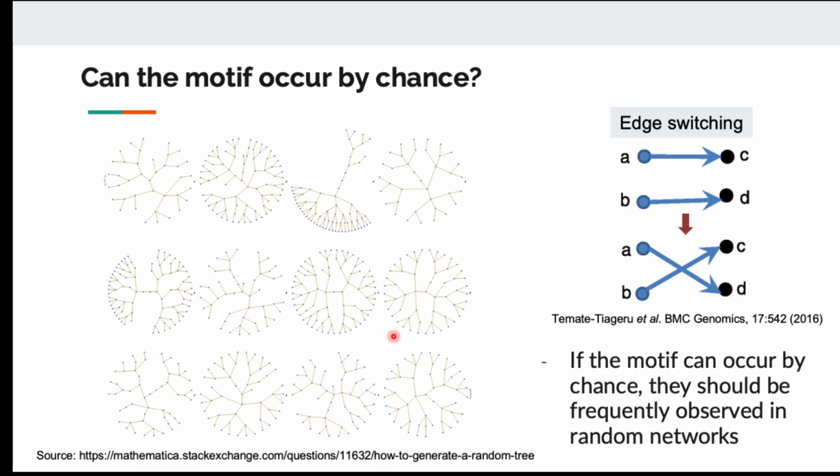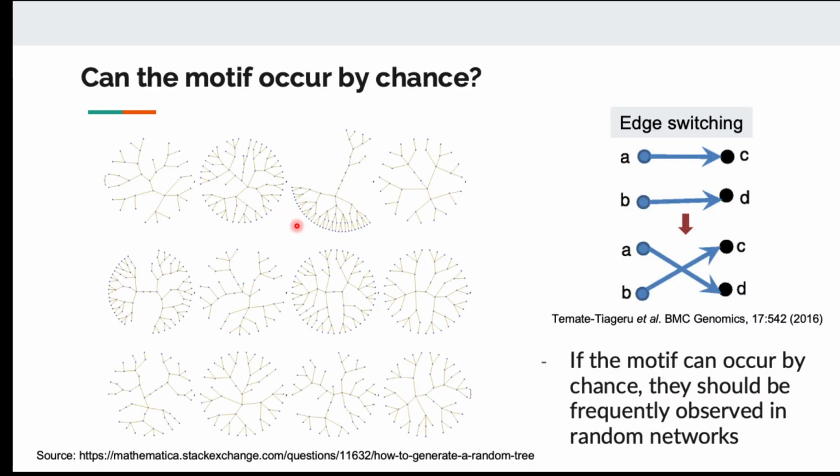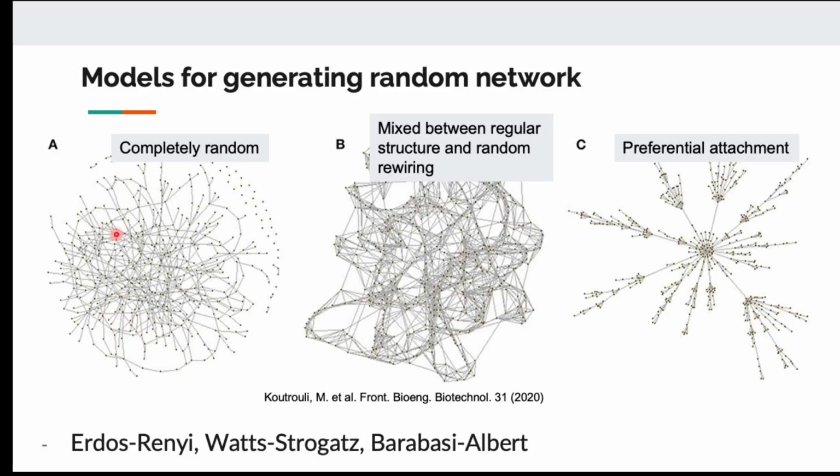Since we need to generate random networks to ask if we can still see the motif, there are many ways that we can produce a random network. So in the past, people first started with what's called a completely random network. You generate the nodes, you know the number of genes, you know the number of edges, but the way to connect them, we do this randomly with a certain probability.